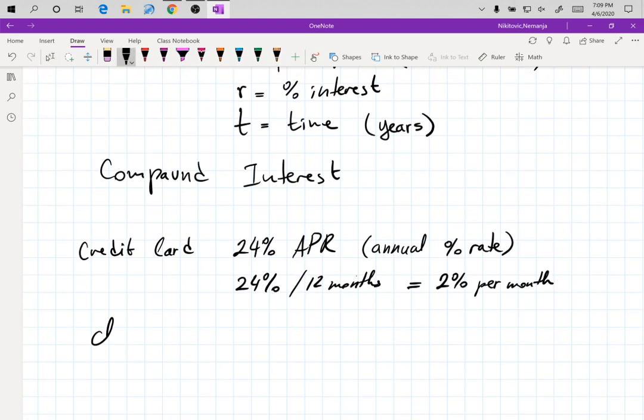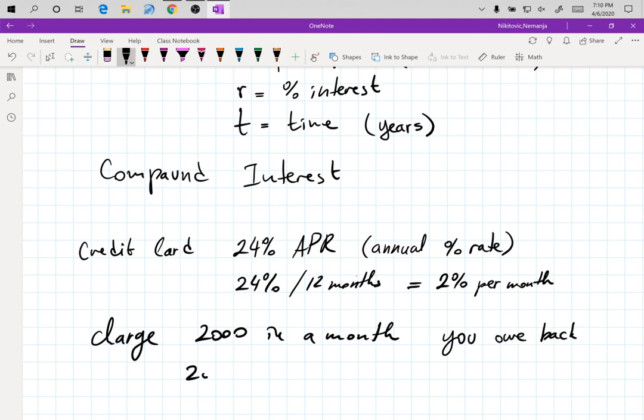So if you charge $2,000 in a month, you owe back the $2,000 you spend plus 2% of $2,000.